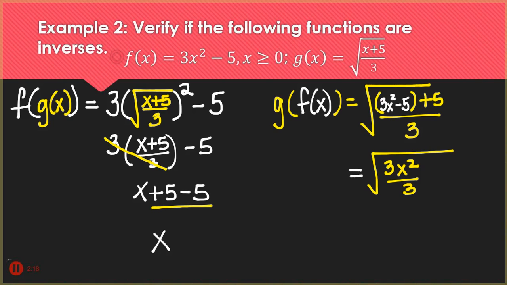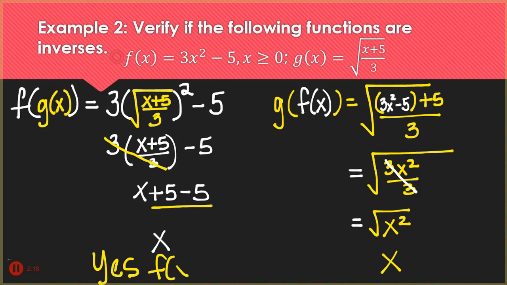And then I can simplify the 3's because they cancel. And then that's going to leave me with the square root of x squared. And lastly, because I'm taking the square root of x squared and they're inverses, I'm left with x. So both compositions resulted in x. So that means that yes, f of x and g of x are inverses.